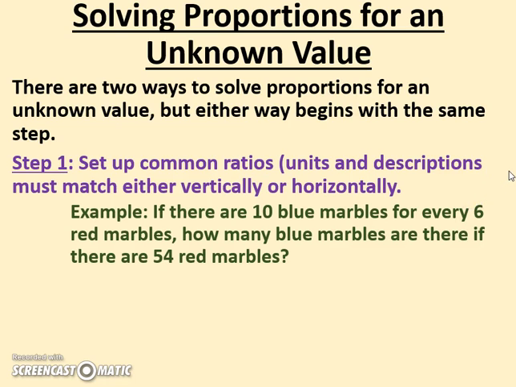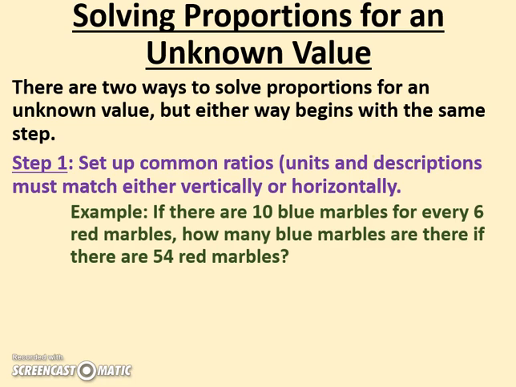If we're solving for a proportional value that we don't know, there are two ways that we can find that value. But no matter which way we choose, step one is always the same. We have to set up common ratios. Units and descriptions must match either vertically or horizontally.